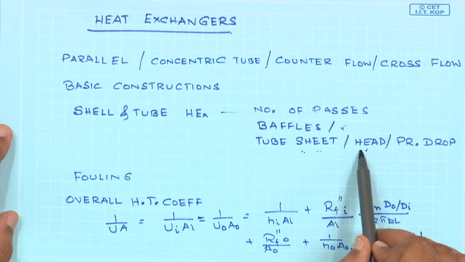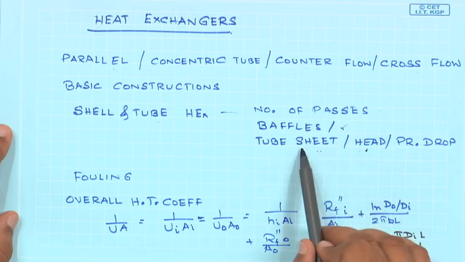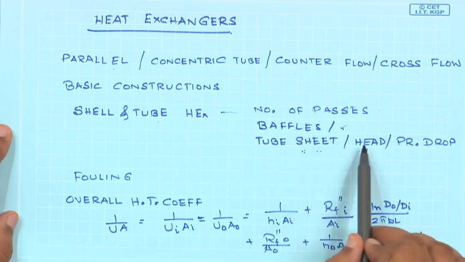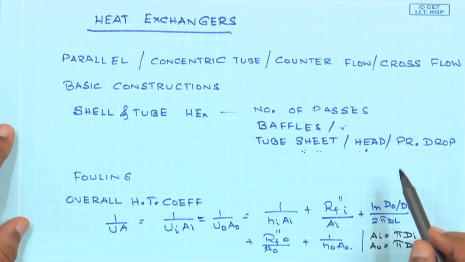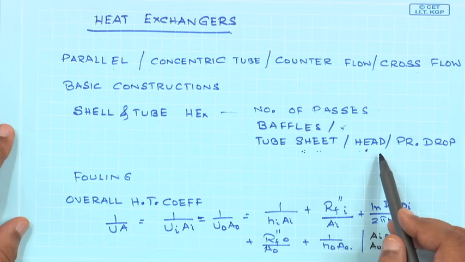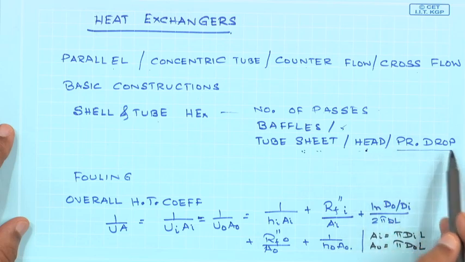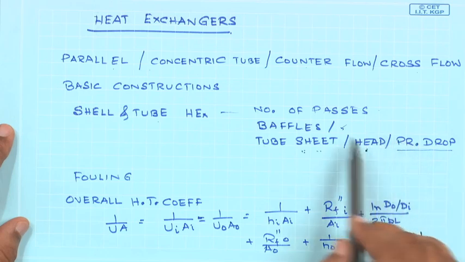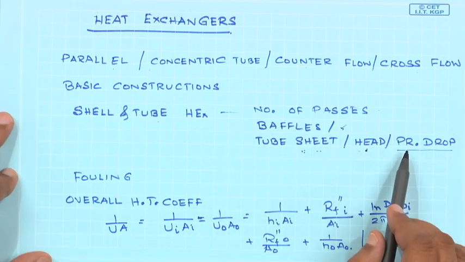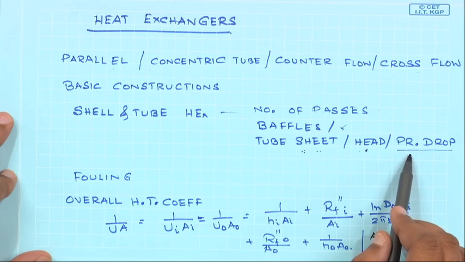The design of those heads, the tube sheet, baffles, and so on, essentially complete our understanding of the heat exchange equipment, their efficiency, their performance, and so on. And as I said, pressure drop plays a critical role in deciding all these factors. So, that is the basic configuration of a shell and tube heat exchanger, which is the most common and which we are going to see next.